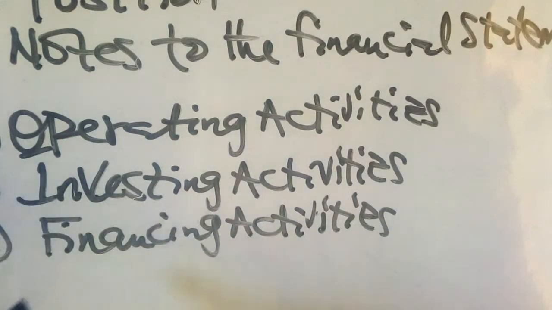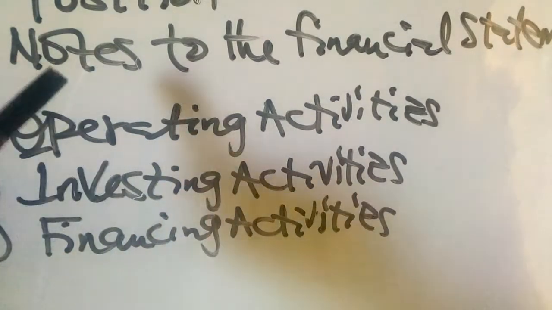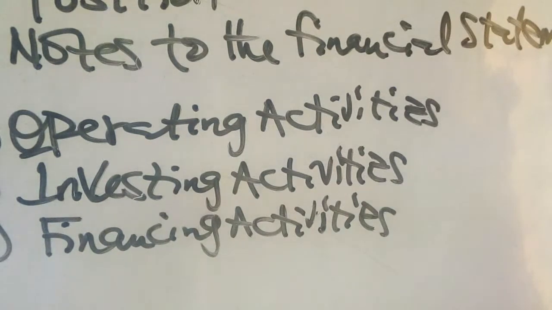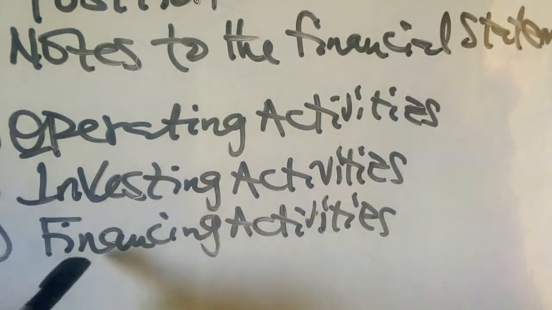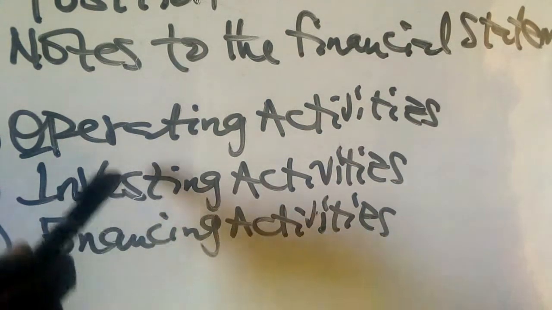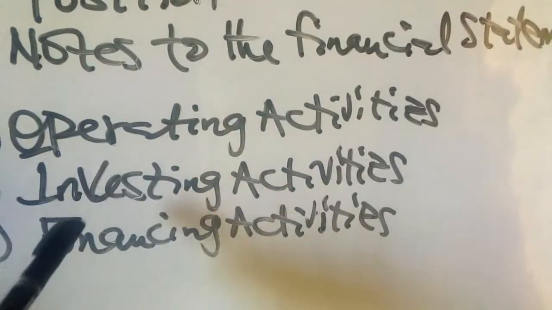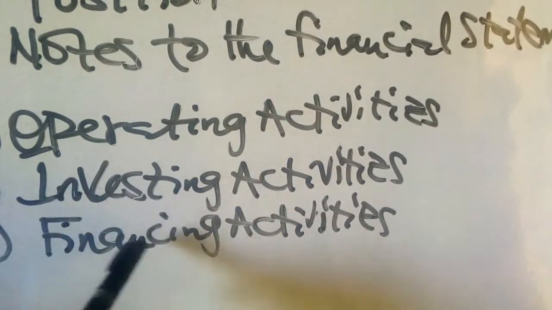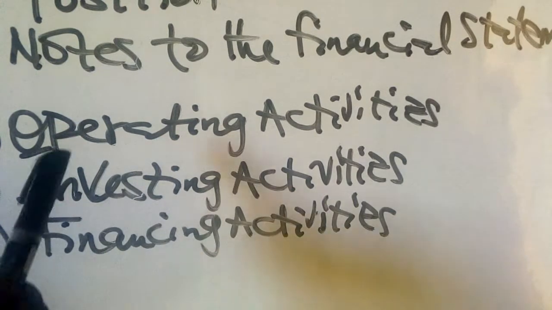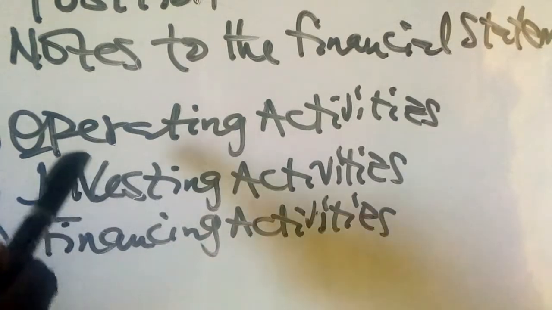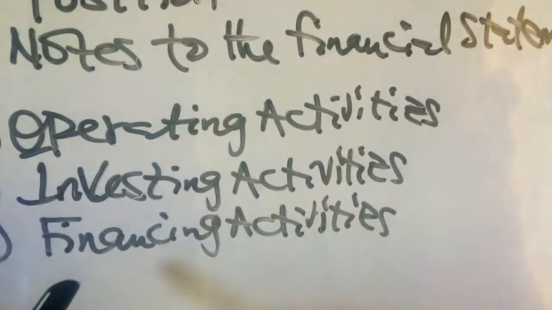For example, when the cash repayment of loans includes both interest and capital, the interest element may be shown as operating activities, while the capital element may be shown as financing activities.